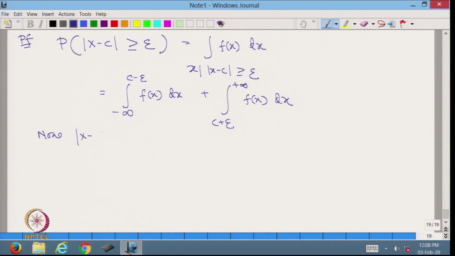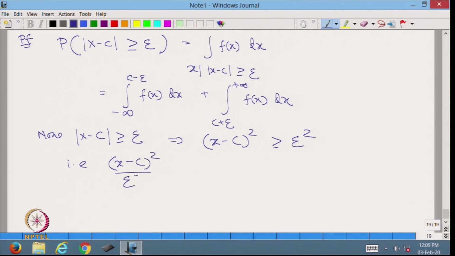Now, modulus of x minus c greater than or equal to epsilon implies (x minus c) whole square is greater than or equal to epsilon square. That is, (x minus c) whole square upon epsilon square is greater than or equal to 1.